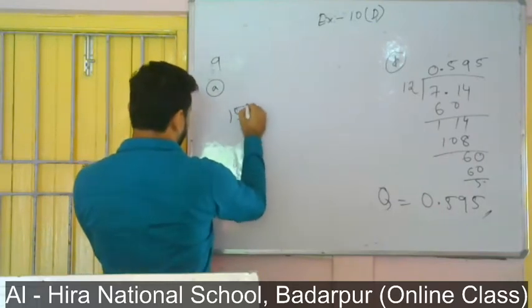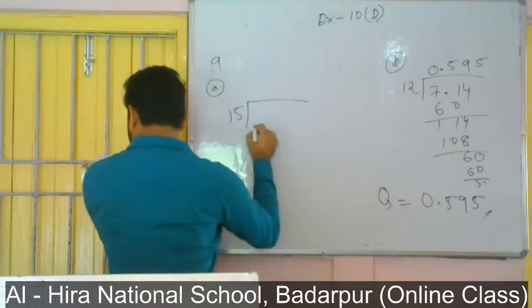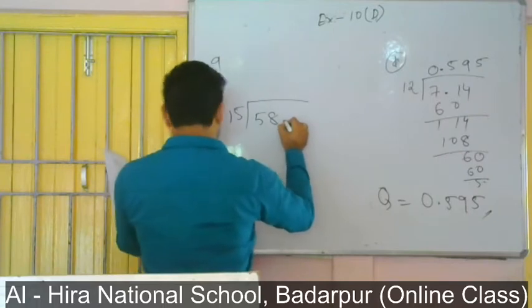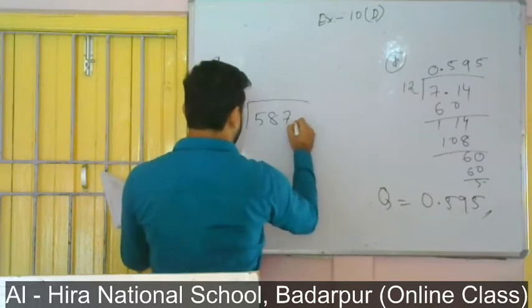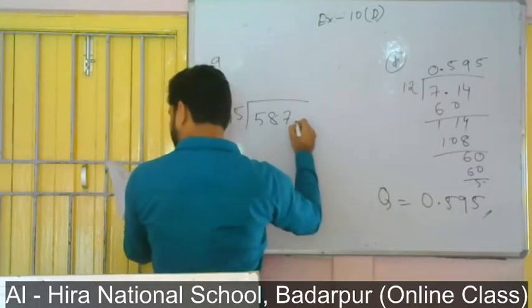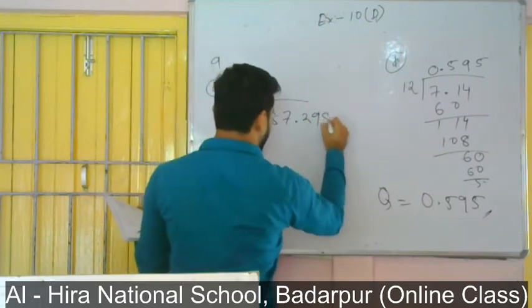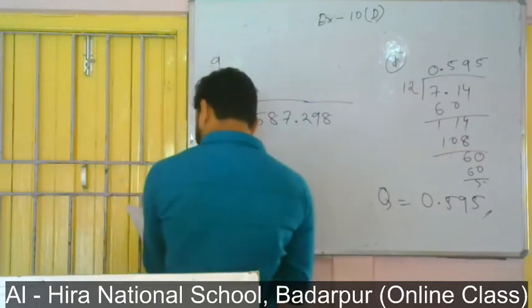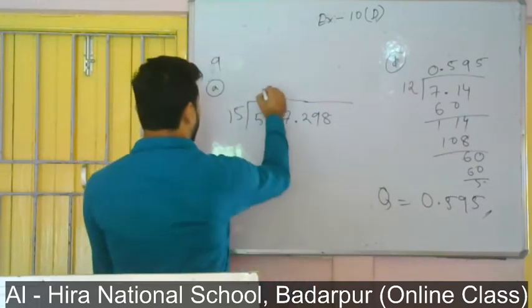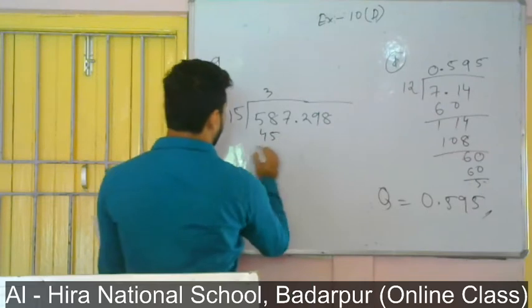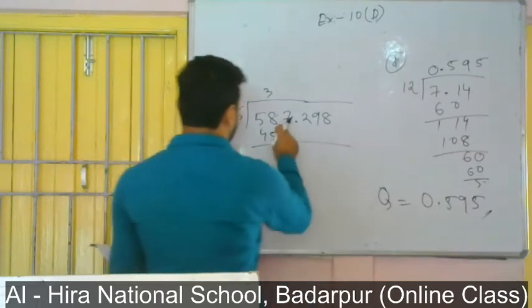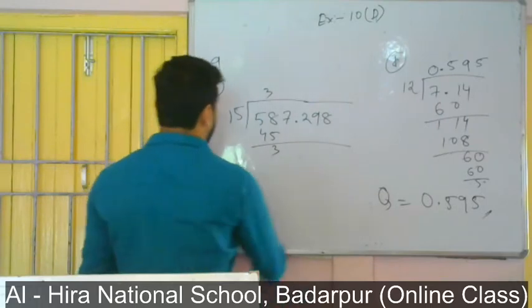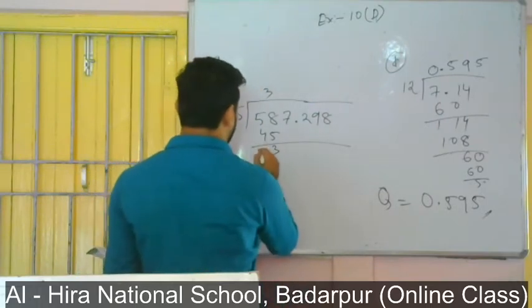The divisor is 15 and the dividend is 587.298. Okay. Then 5 3s are 45. Okay. 8 minus 5, 3. Okay. Here 5 minus 4, 1.